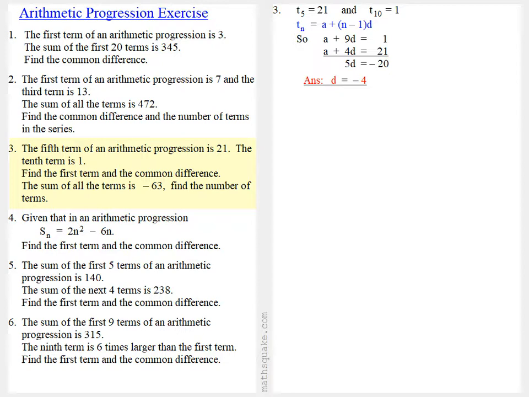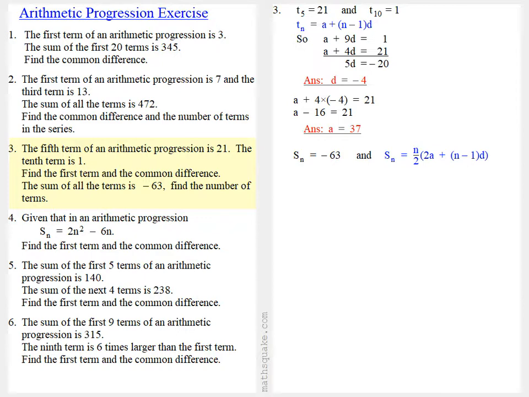Now, if we substitute that into a plus 4d is equal to 21, we get a plus 4 times minus 4 equals 21. a minus 16 equals 21, so a is equal to 37. Now we're told the sum of the first n terms is minus 63.